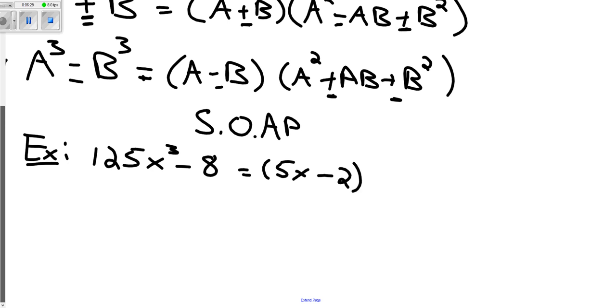Times a squared. So I take 5x and I square it, so that's going to be 25x squared. Opposite sign, so it's going to be positive. A times b, so that's 10x. Plus, always positive, b squared. 2 squared is just 4.